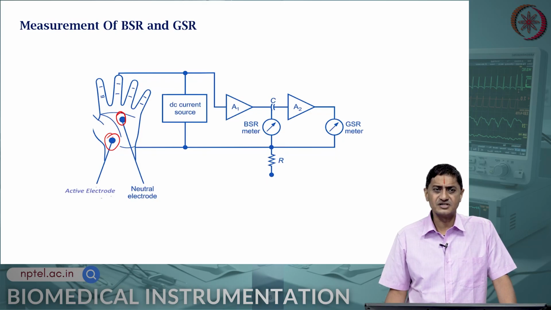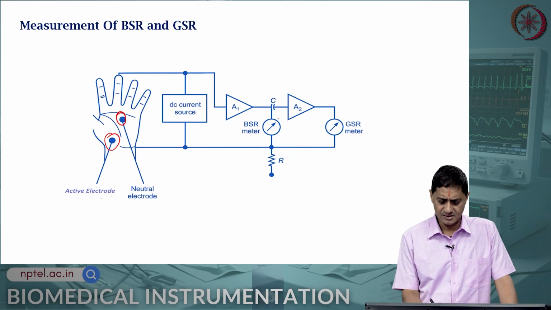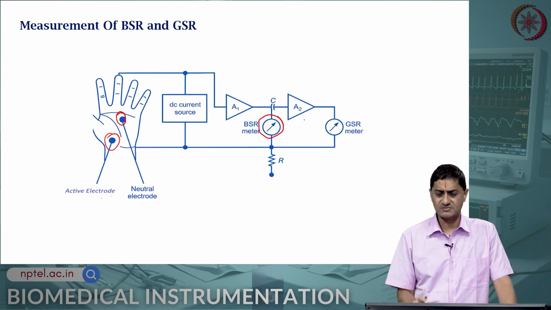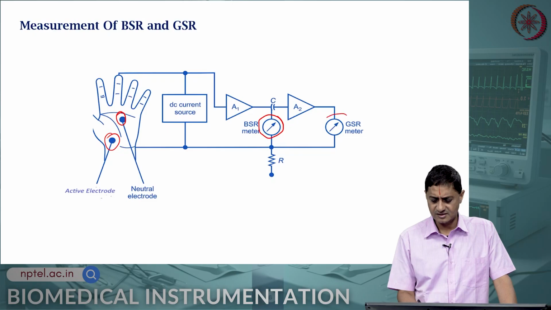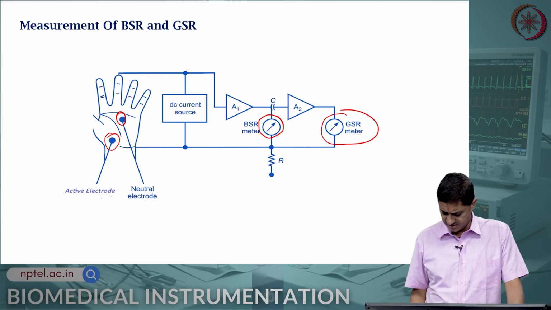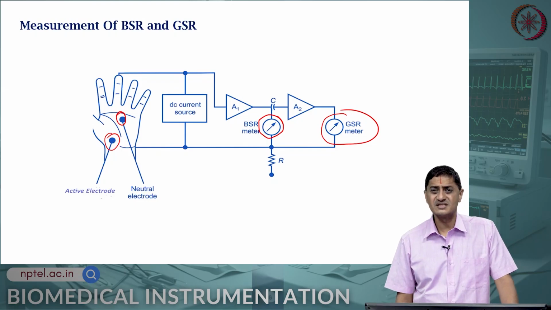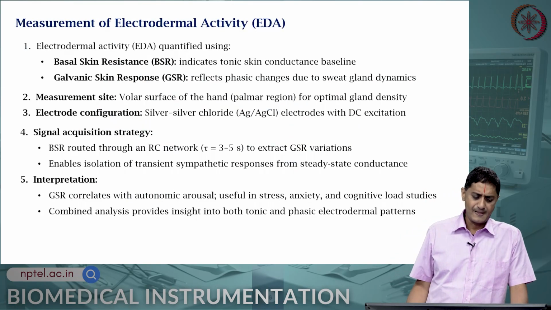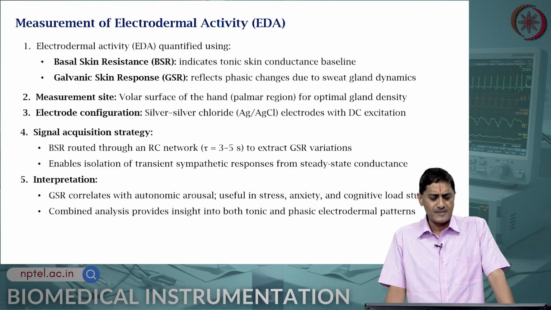The potential difference between these two is first amplified, and then there is an RC circuit, and there is a basal skin resistance meter, and then another amplifier that shows the activation, which is the galvanic skin response. First is the BSR meter, which is the basal skin resistance meter.